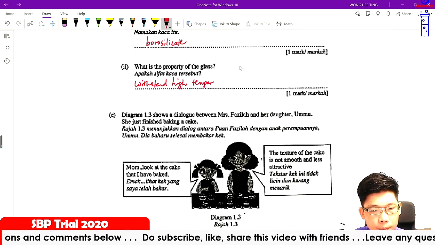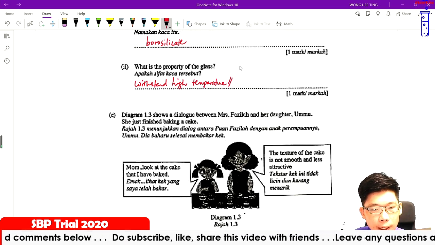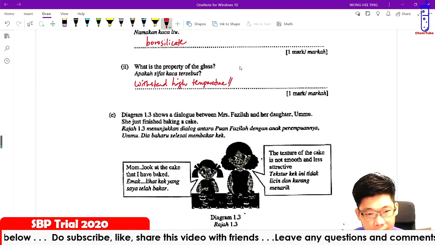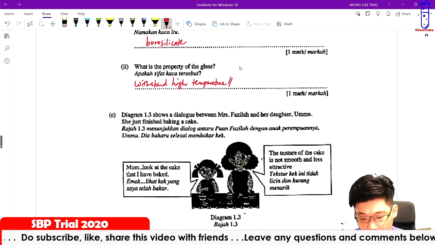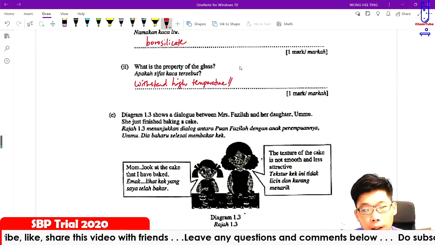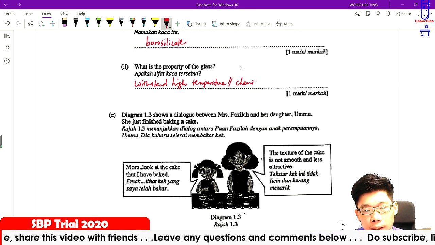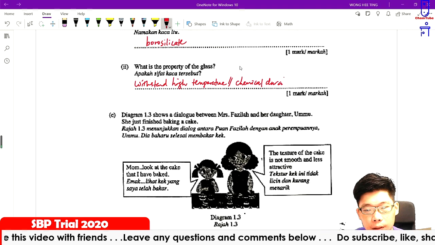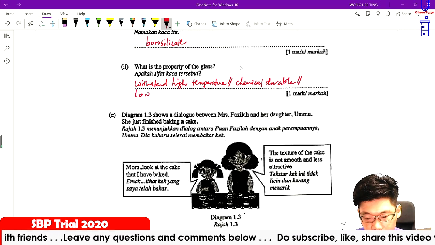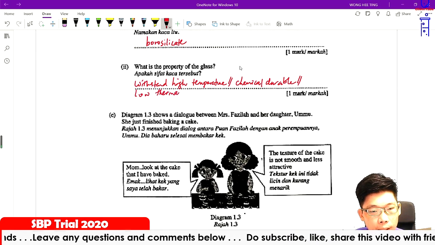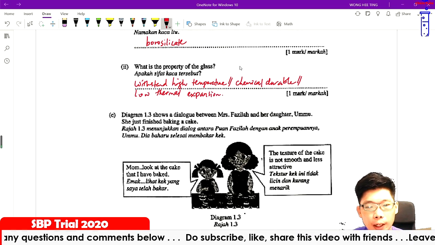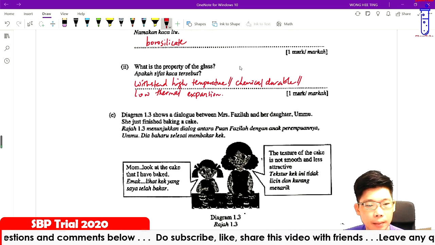Actually it has another 2 more properties. It is chemically durable. Then another one will be low thermal expansion. So any one of these answers can be accepted.